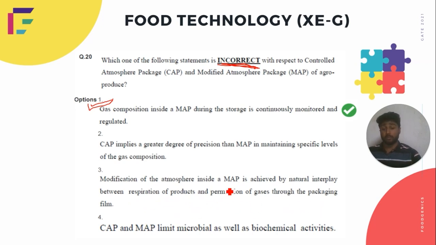Yes, we don't alter the gases, rather the alteration is done inside the package, which is quite natural, so this is also a correct option. Then the fourth one, CAP and MAP limit microbial as well as biochemical activities. Yes, these are modern techniques to inhibit the growth of microorganisms and also to reduce biochemical activities. So this is also a correct option. So the only incorrect option is option 1, which is our desirable answer.